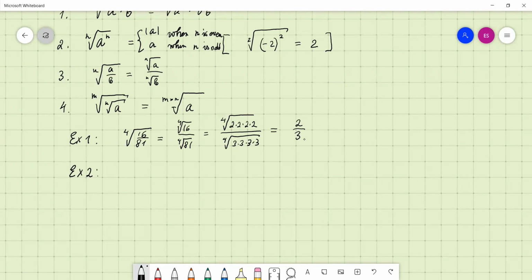Example number 2, cubic root of a square root of 32. Well, according to our rule number 4, we're supposed to multiply 3 and 2 and get 6th root of 32. It's not going to be anything nice. I think 5th root of 32 is going to be 2, and 6th root, why don't we change it to something nice?